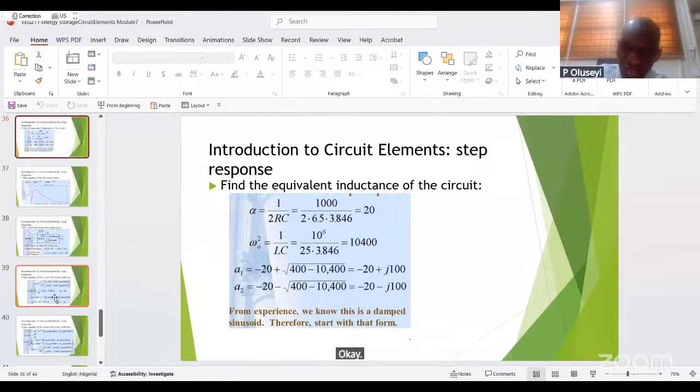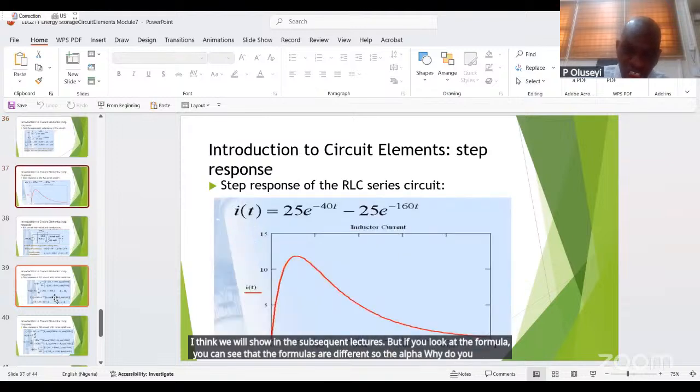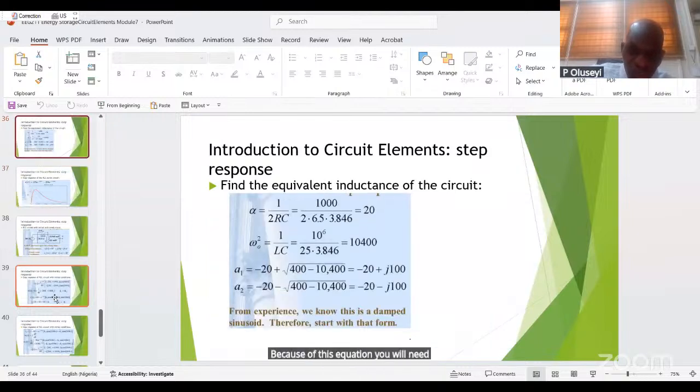There is a way we calculate alpha, which I have not shown to you, which we will show in the subsequent lectures. But if you look at the formulas, you will see that they are different. Why do you need alpha? You need it because of the equation you are writing here.